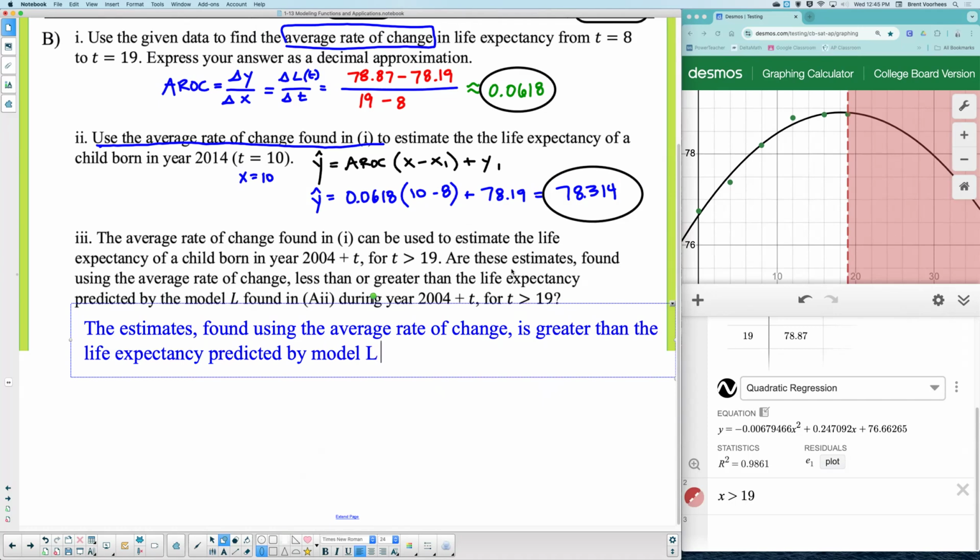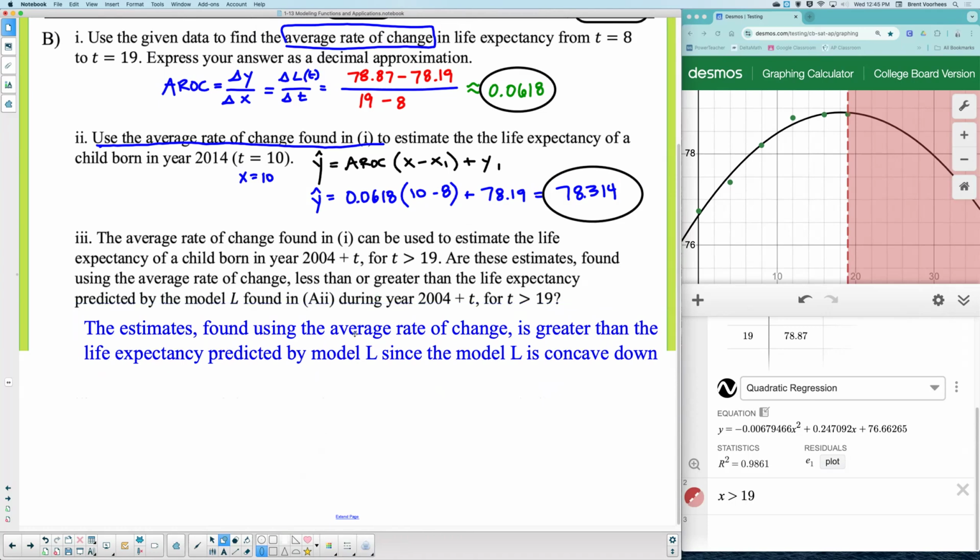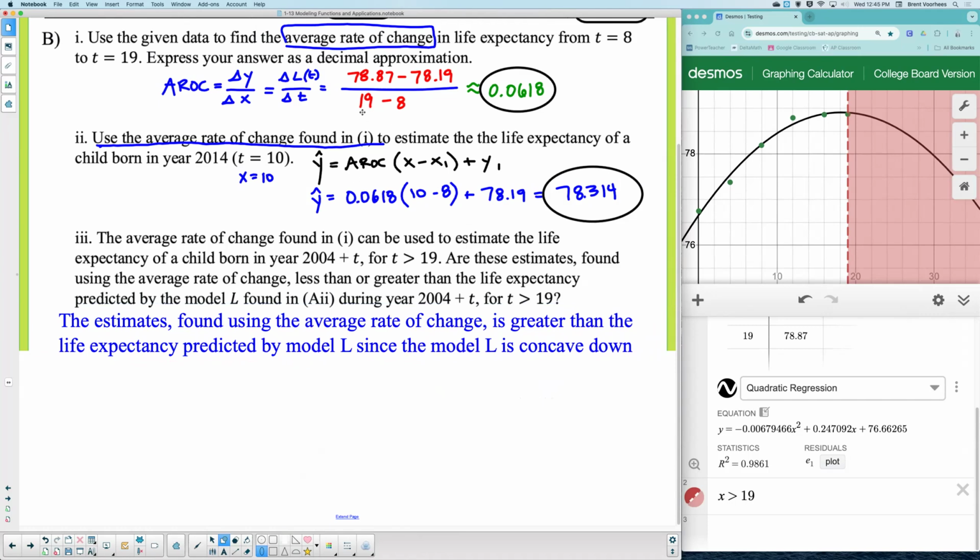What did we say about the model L? So the estimate using the average rate of change found in BI and BII is greater than the life expectancy by model L.